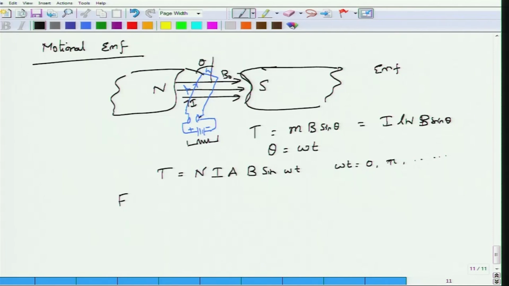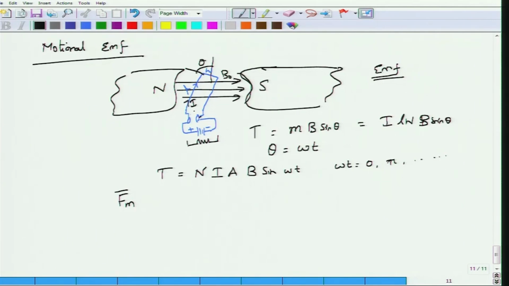The torque is essentially continuous except for that brief moment around pi, and that does not have much of an effect on how the voltage is induced on the load resistor. Now, to develop an expression for the motional EMF, let us go back to the magnetic force acting on the charges.